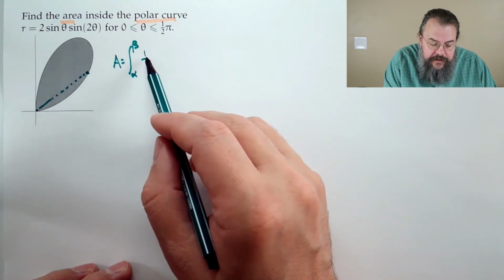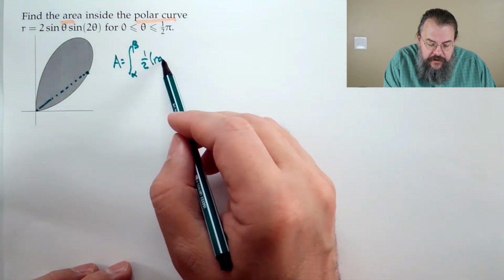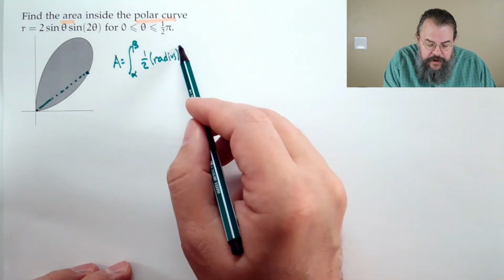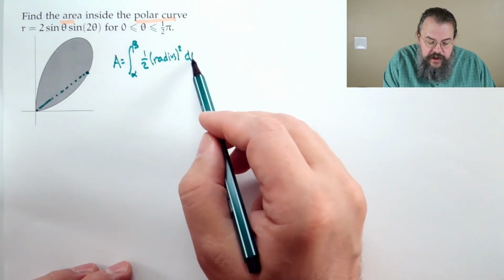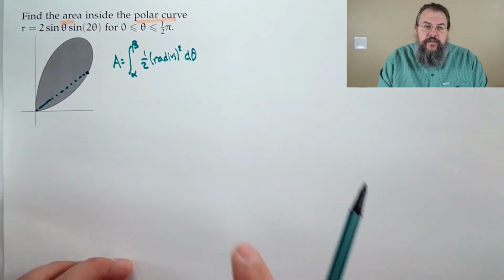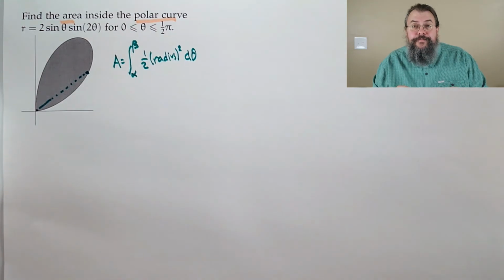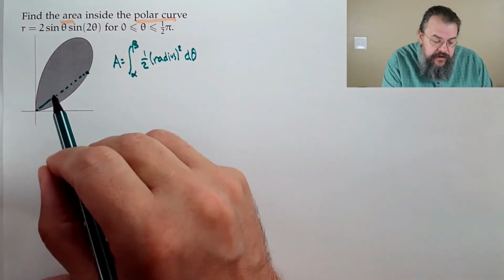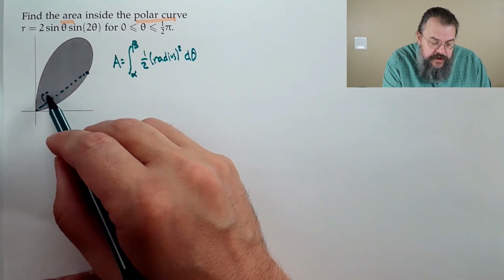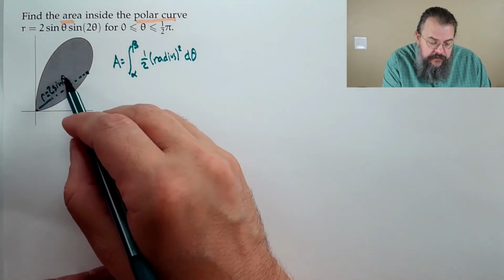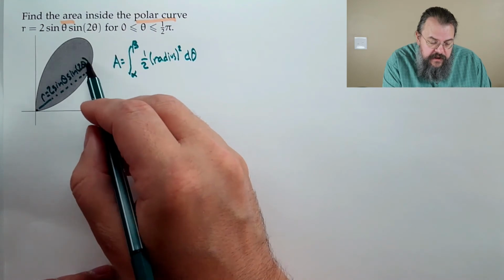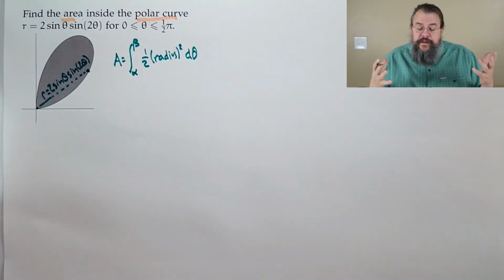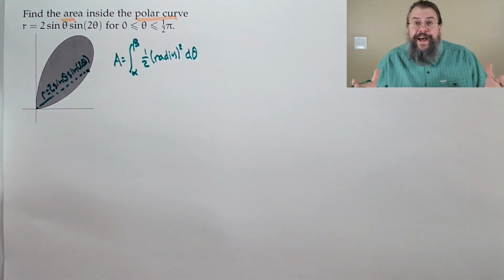And 1/2 our radius squared. We usually call it r squared d theta. And the idea here is these are little tiny pie wedges. So that's what's happening. So our radius is this r, which is 2 sine 2 theta. So other than just remembering the formula, it's not too bad.